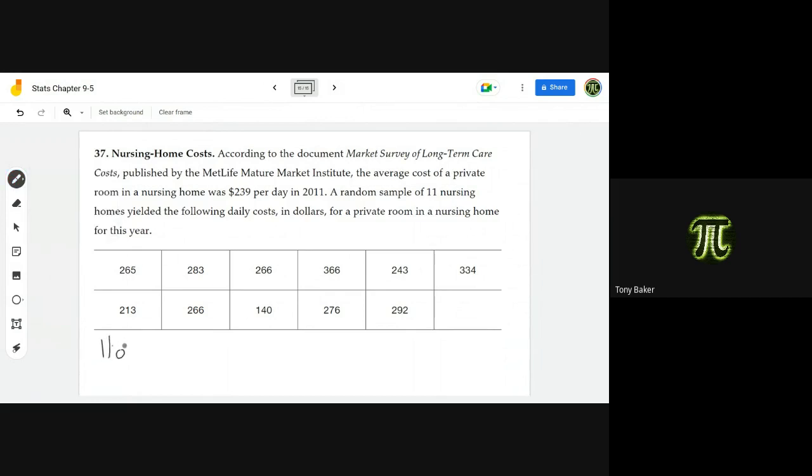What's my null hypothesis? What's my alternate hypothesis? It doesn't give you one, right?